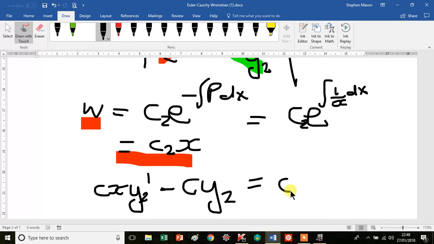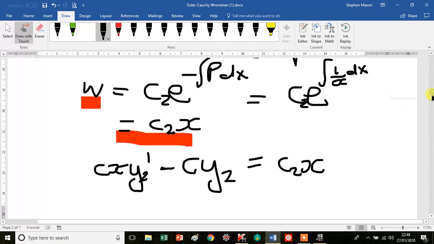So we'll just equate that to c2x and we can simplify the expression.